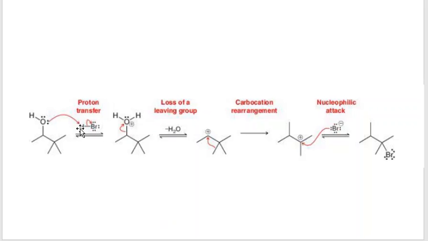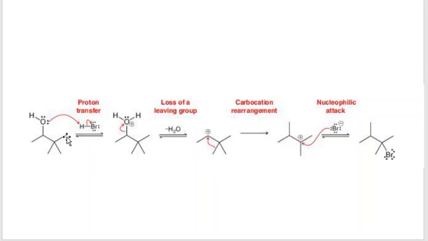For instance, this proton is electron poor because bromide is more electronegative than hydrogen. This oxygen is electron poor because it has too many bonds and not enough lone pairs. This is electron poor because it's positively charged. It's a carbocation, and so is this over here.